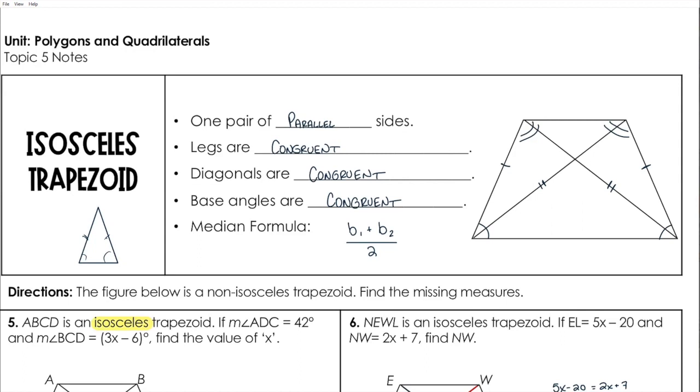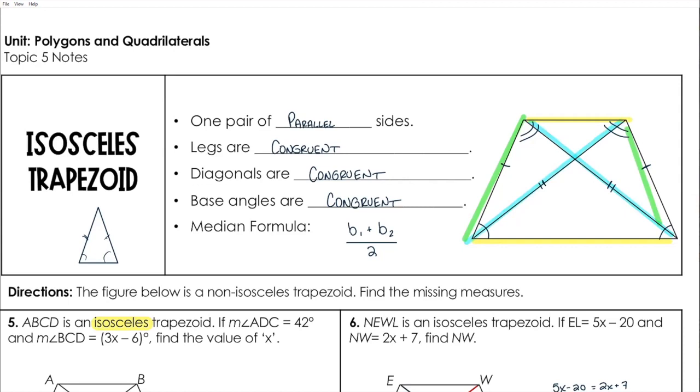Because this is an isosceles trapezoid, our sides are congruent, which means our base angles are congruent. Also, because it's following the same angle pattern, our diagonals are also congruent. So the bases themselves, these guys up top, are not congruent. Obviously, you can look at them and see it, but our legs form a congruent relationship on the outside, and our diagonals form a congruent relationship on the inside.